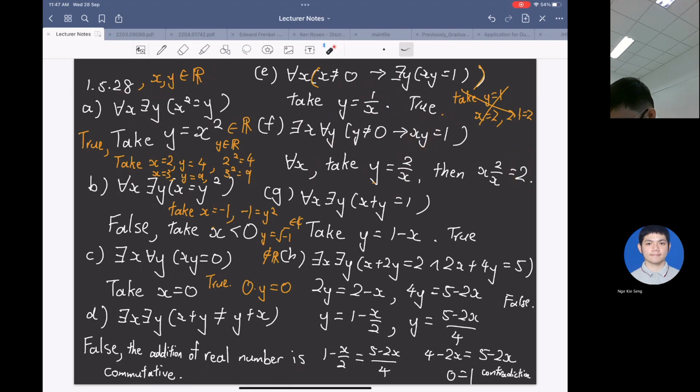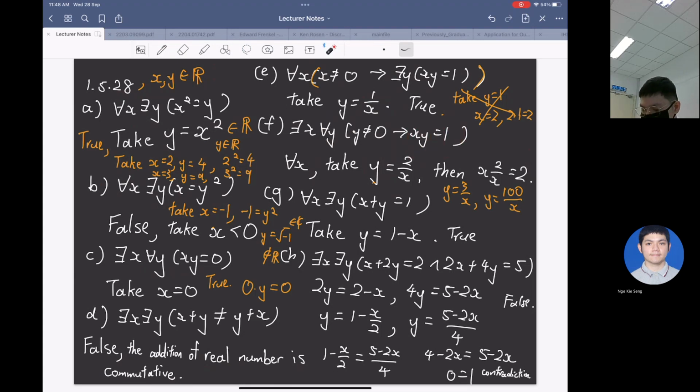So the most important thing you want to check is the predicate here. If you want to make it not true, you need to think of a way to make xy not equal to 1. My way is to take y equals 2 over x. Similarly, you also can take y equals 3 over x, or y equals 100 over x. So when they multiply with x, they won't get 1.